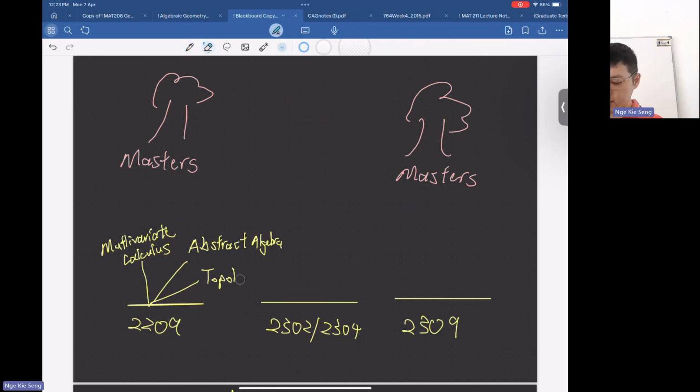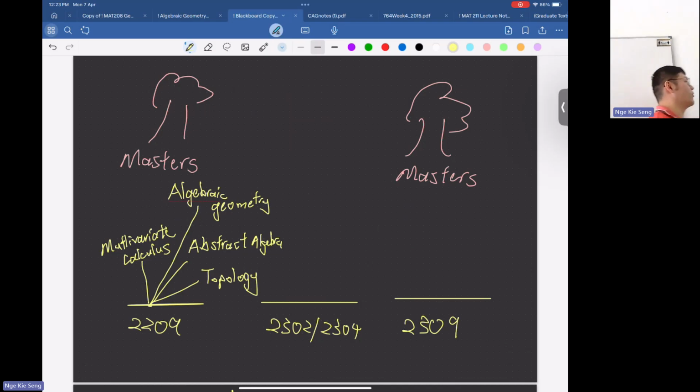So this is the fourth time they're looking at me already. Now it is algebraic geometry. Moreover, all the 2209 students here are my FYP students, so they know my pattern very well. Maybe the master's students can get to know me through them. Who knows?